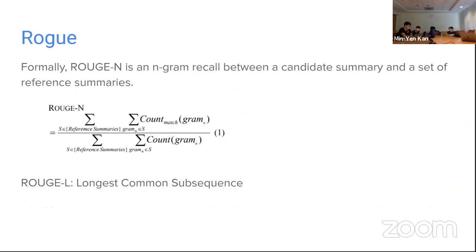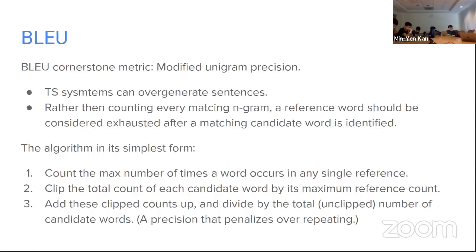According to Rouge, you have a good summary because your n-gram "the" matches the n-grams in the reference summaries. If I'm making a mistake, you can correct me, but I think it was "the." I'm taking this example from the BLEU paper, and that's what they were criticizing anyway.